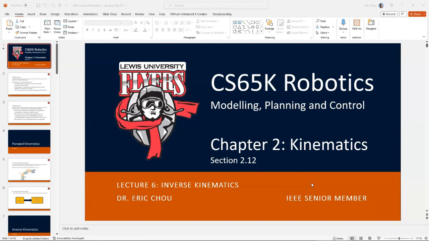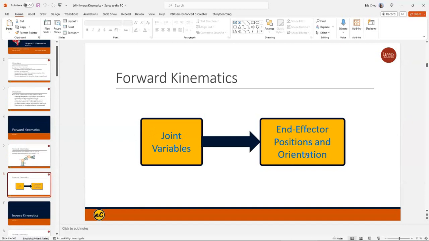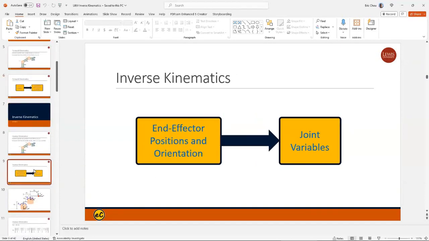Inverse kinematics means you know where my arm's end effector should be, and then you calculate backward how much theta angle or d I need to have. Forward kinematics is from your joint variables to get the end effector's position. Inverse kinematics is from the end effector's orientation and position to find those joint variables. Any questions so far?